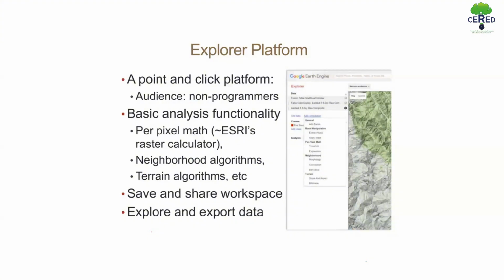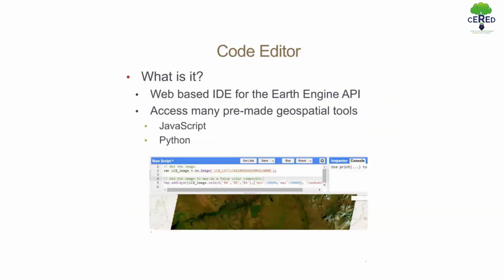And this is the coding interface where you can give the code and it will analyze your data. It basically works with JavaScript, and sometimes it takes some Python script also, but JavaScript dominantly runs Google Earth Engine.